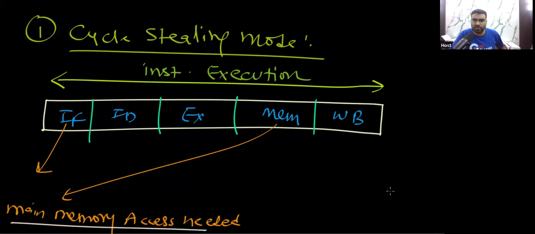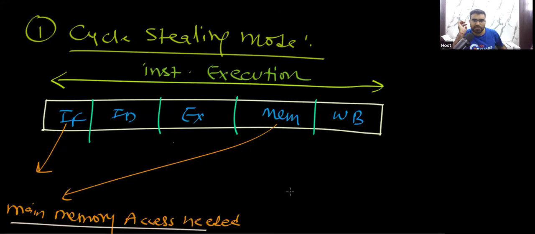See, very simple. Let's assume the DMA request has come at this point, when the CPU is in the decoding stage. Now, if the CPU gives control of the system bus to the DMA here, then tell me, in the next cycle, will the CPU be idle? Very simple question I'm asking.